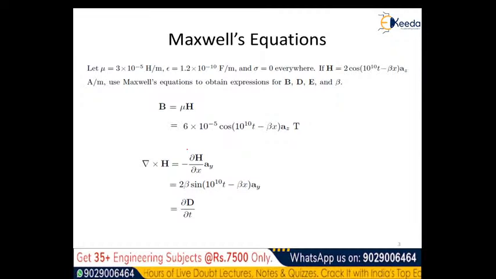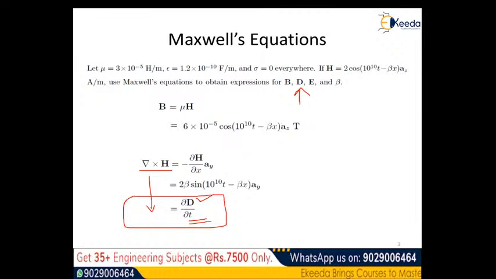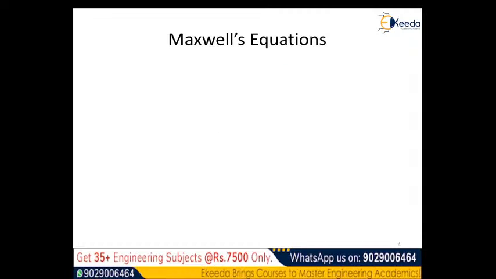Here you see for the capital D, it has the partial differentiation with respect to the parameter T. So to get the expression for simply capital D, having this same left hand side expression, we have to carry out the integration. The expression of capital D can be obtained as capital D is equal to the integral of twice beta into sine of 10 to the power 10 into t minus beta x dt, added by a certain constant of integration.